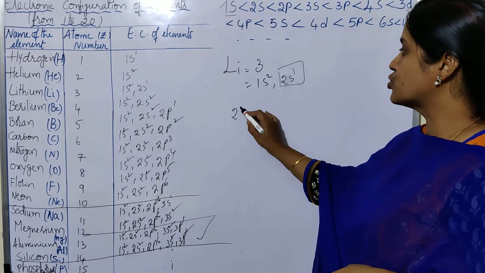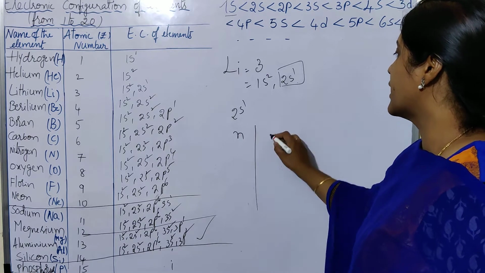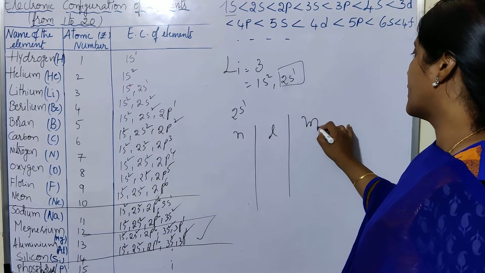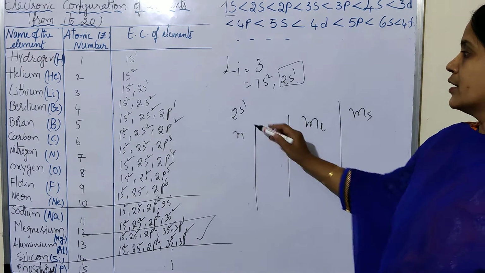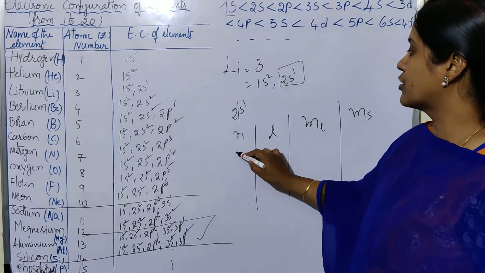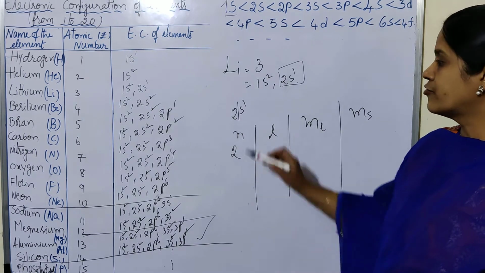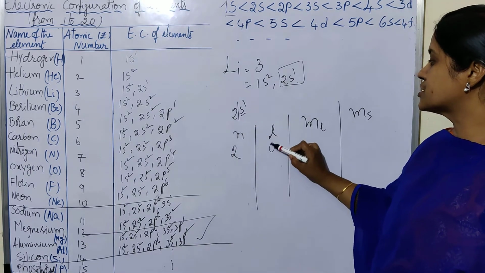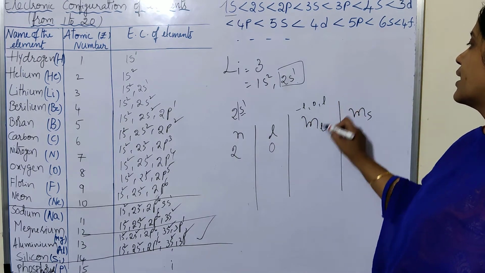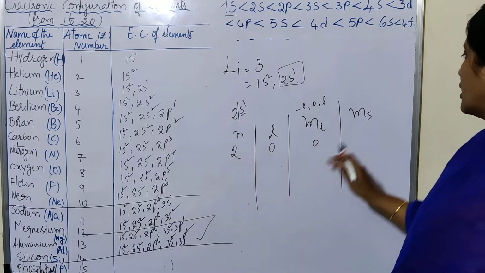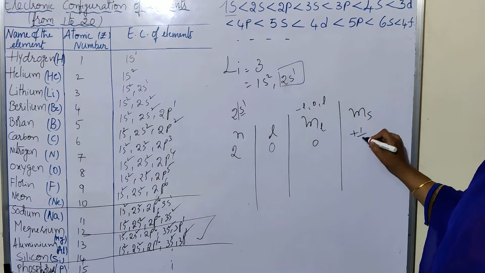For this 2s1 you have to write all the 4 quantum numbers n, l, ml and ms. Here n represents the principal quantum number, so n is equal to 2. Then l, for s the l value is 0. Then ml ranges from minus l to plus l, which means here 0. And the spin for the first electron is always plus.